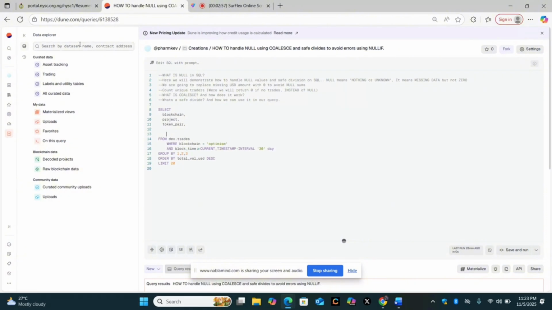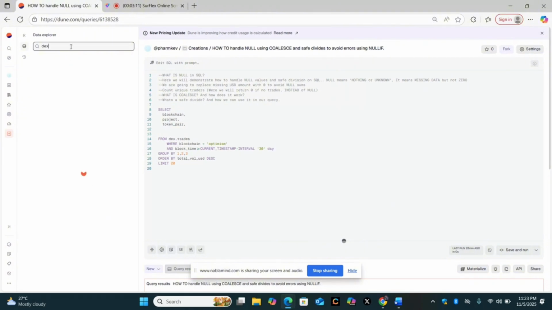So let's go down into that. We are going to be using a very familiar table, which is the dex.trade table.